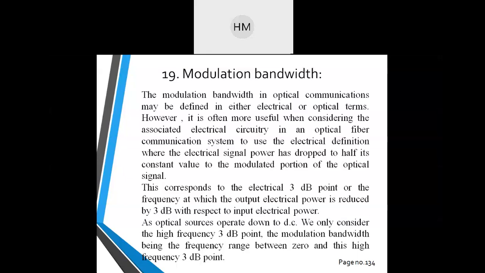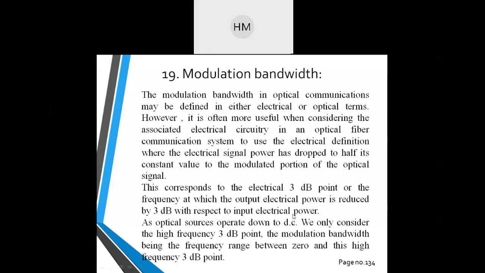However, it is often more useful, when considering the associated electrical circuitry in an optical fiber communication system, to use the electrical definition, where the electrical signal power has dropped to half its constant value to the modulated portion of the optical signal. This corresponds to the electrical 3 dB point, or the frequency at which the output electrical power is reduced by 3 dB with respect to input electrical power.